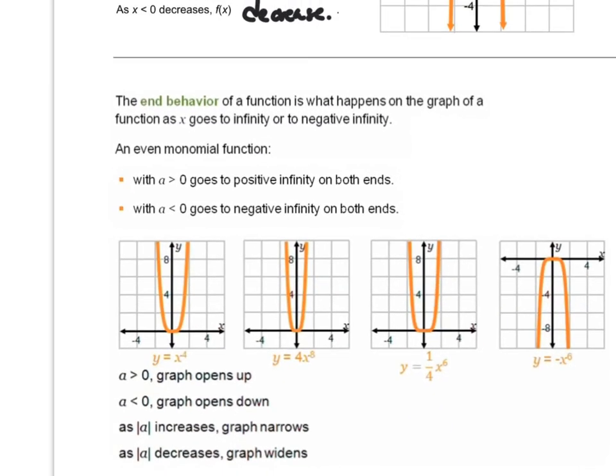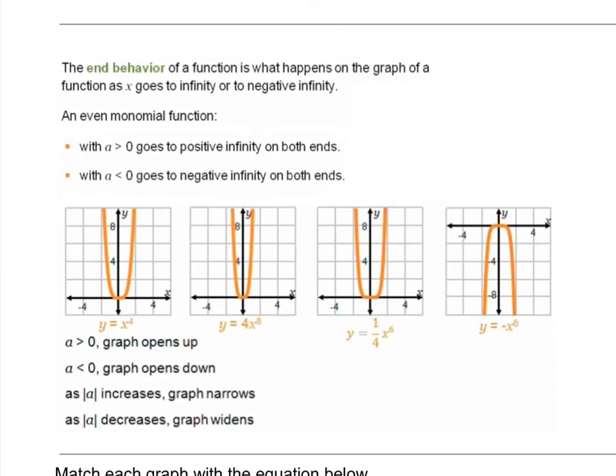So that leads us to what we call end behavior. End behavior of a function is what happens on the graph of a function as x goes to infinity or negative infinity. So end behavior just says, as x gets really, really big, what happens to the y values?